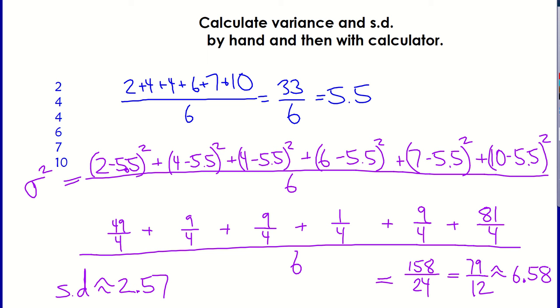Then, in the calculator, we can go to Stat, Edit, and enter these values in L1, and then go to Stat, Calculate, and if you check, hopefully, you'll see that the sigma x is also to 3 sig figs, 2.57. The calculator does not tell you the variance in that command, so you would actually need to take the standard deviation and just square it yourself if you were asked to find the variance.